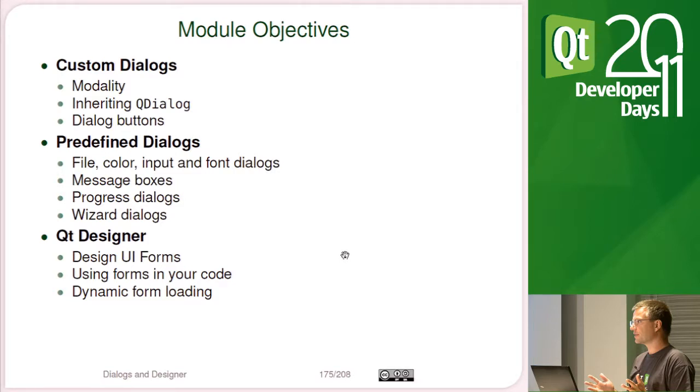So, whenever we try to make our custom dialogs, we will inherit from QDialog. Or we can use some predefined dialogs like the file open dialog, which we have already seen. Or we can use Qt Designer to generate our own dialogs.